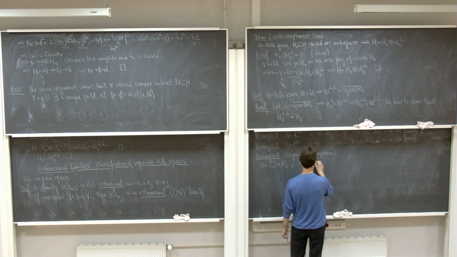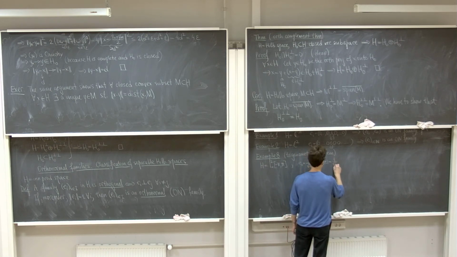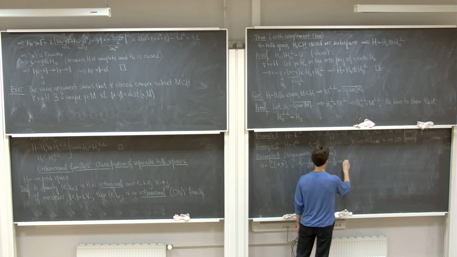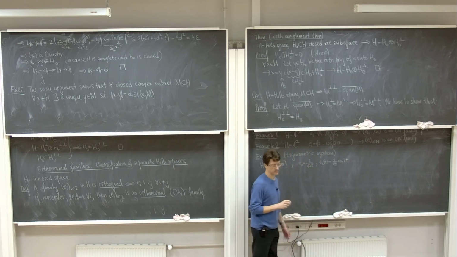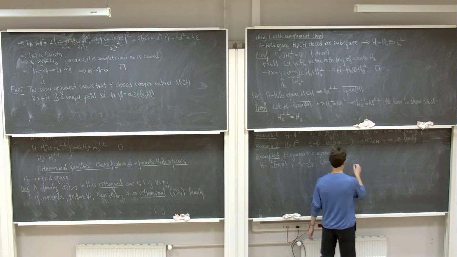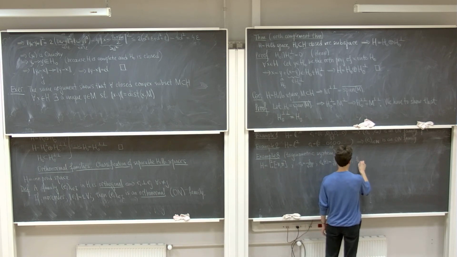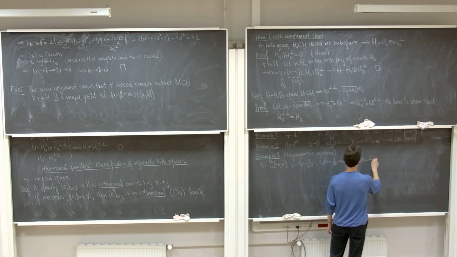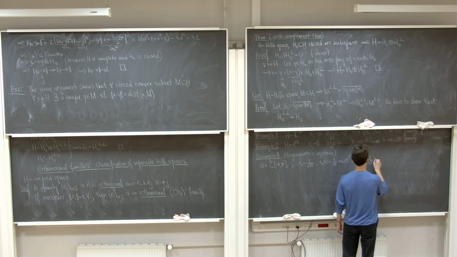And for each natural number k greater than or equal to 1, we define e_k of t as follows. And f_k of t will be the same expression, but we replace the cosine by the sine function.